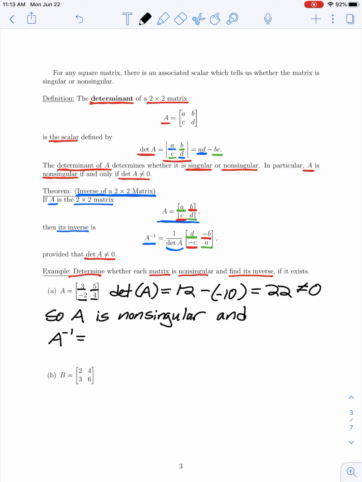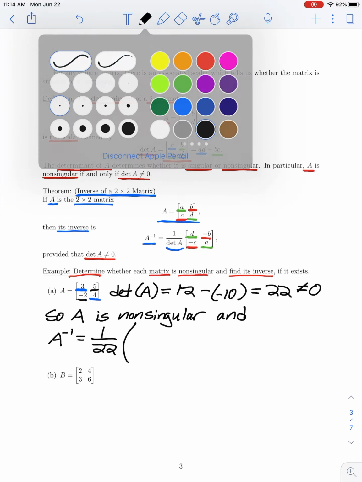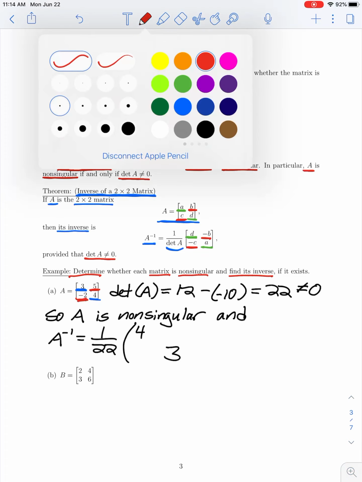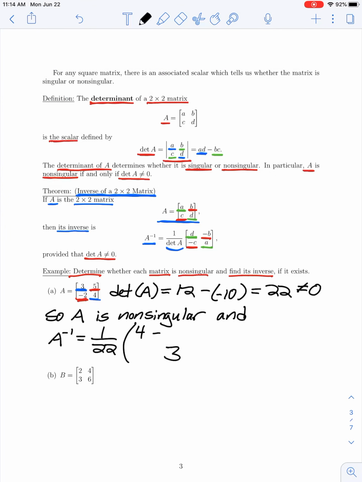So A inverse is given by 1 over the determinant, which we found to be 22, times the 2 by 2 matrix that we get by taking the diagonal entries of A, those were 3 and 4, and switching them. So we have 4 and 3. And then our off-diagonal entries, which were 5 and negative 2, we change the sign of. So these become a negative 5 and positive 2.